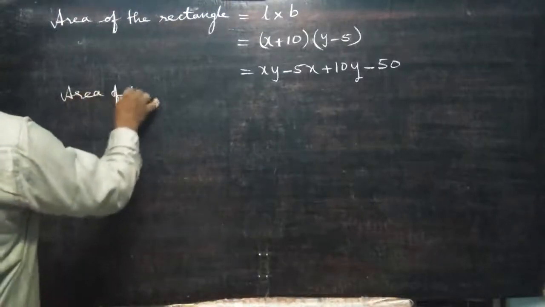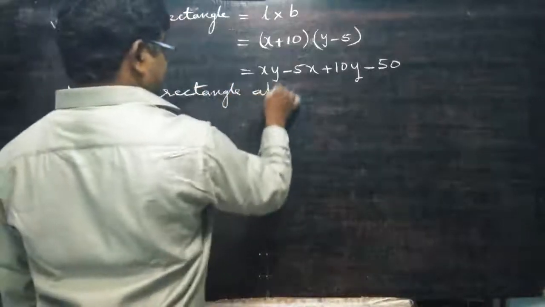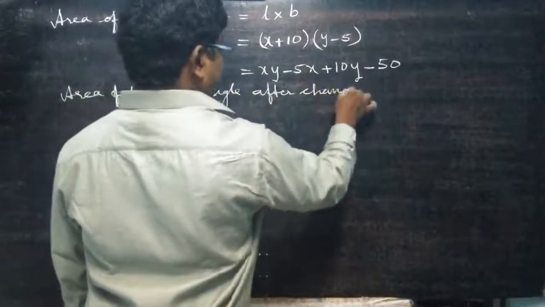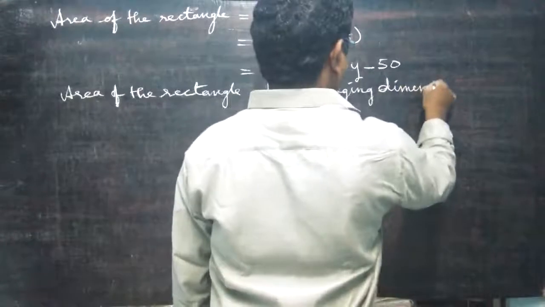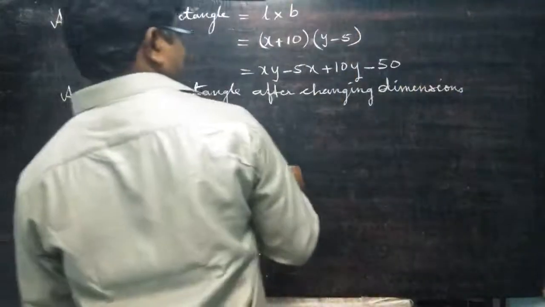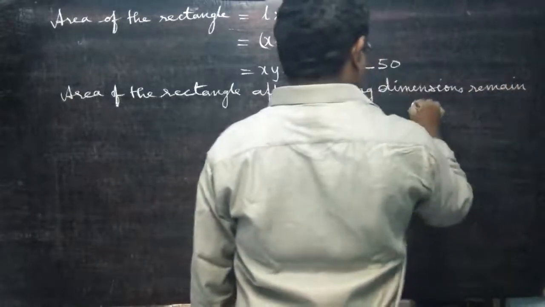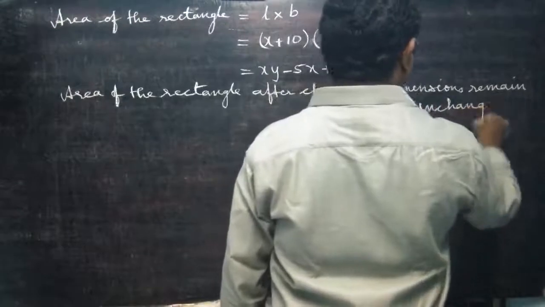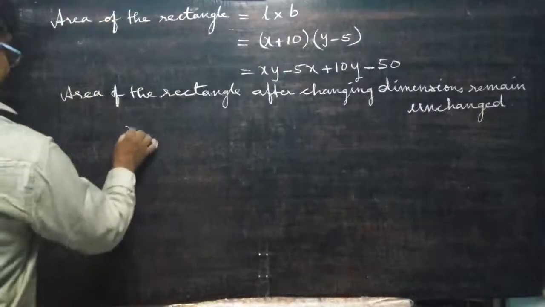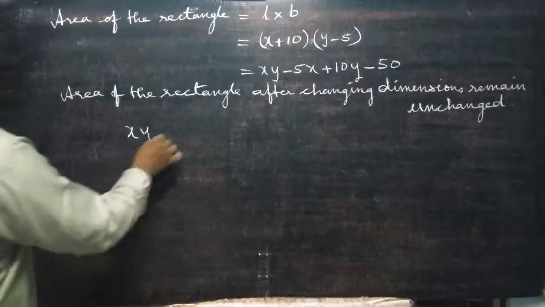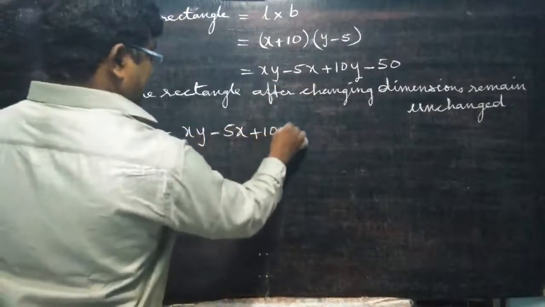Area of the rectangle after changing dimensions remains unchanged. This is the word given in the problem, so we can compare the original area with this changed one. So I am comparing. XY is the original rectangle, and just now we got xy minus 5x plus 10y minus 50.